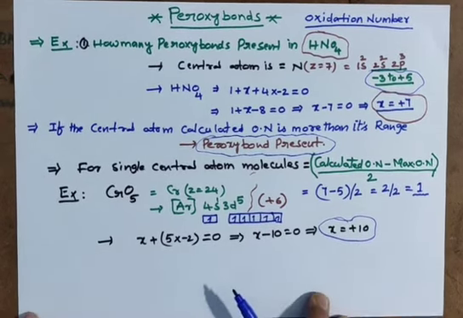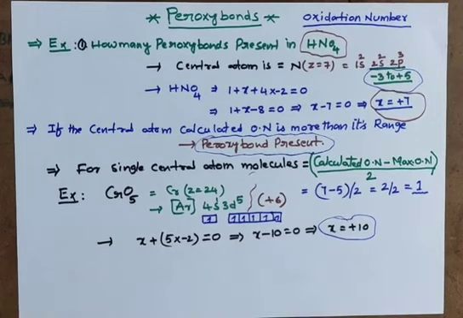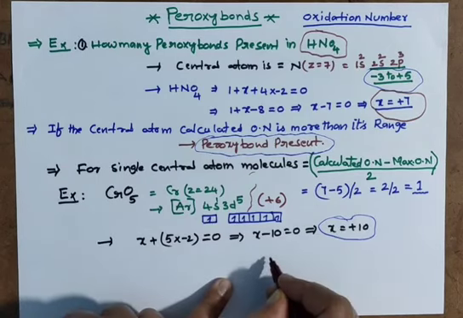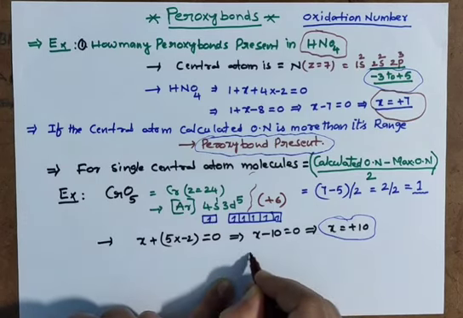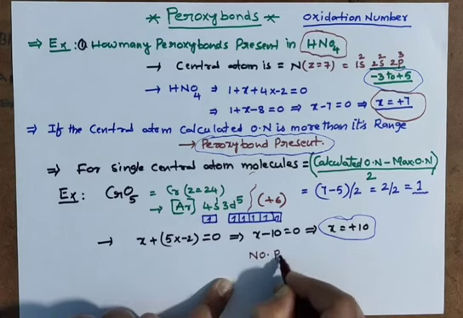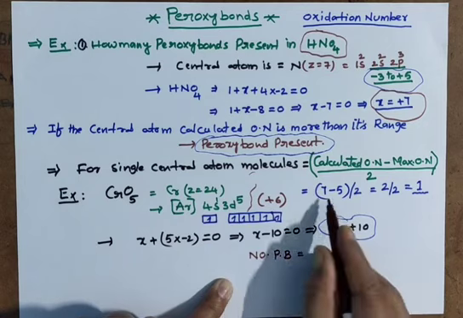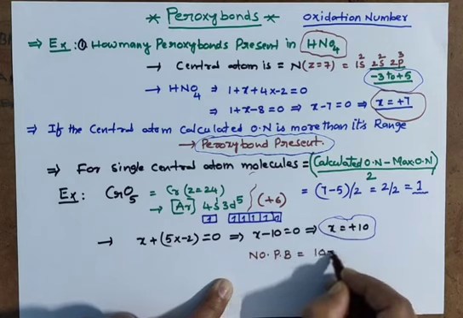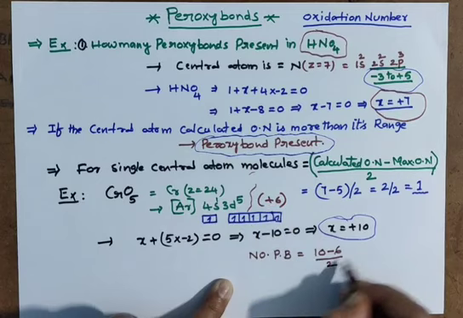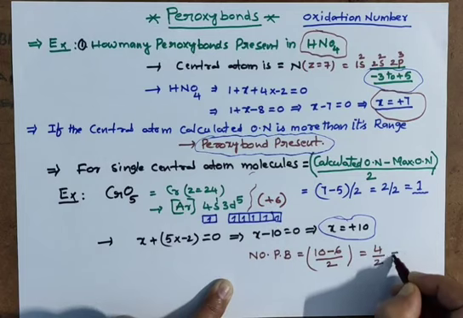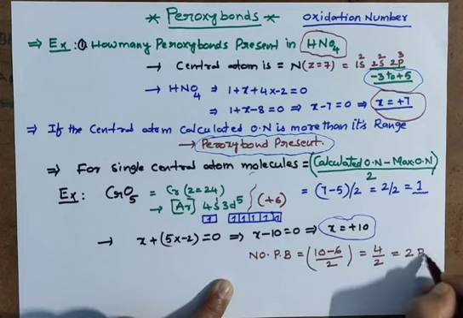Plus 10 is impossible for any molecule in chemistry. This is a single central atom, so by the formula, number of peroxy bonds equals calculated oxidation number 10 minus maximum oxidation number 6, by 2, which equals 4 by 2, that equals 2 peroxy bonds.